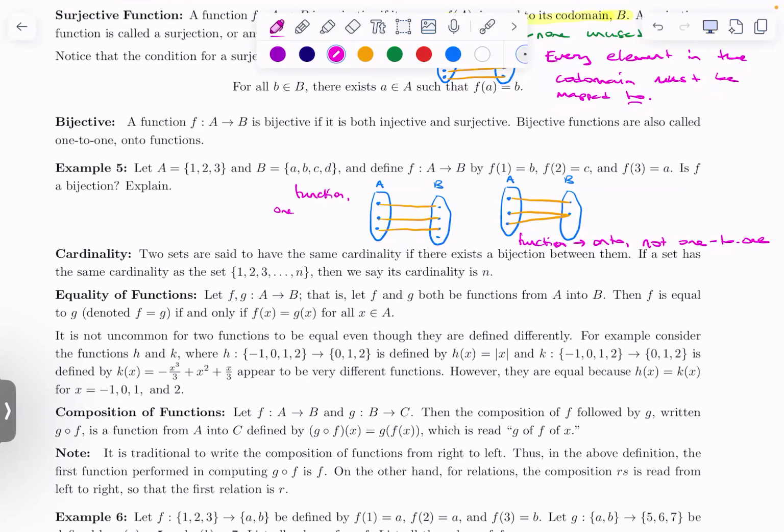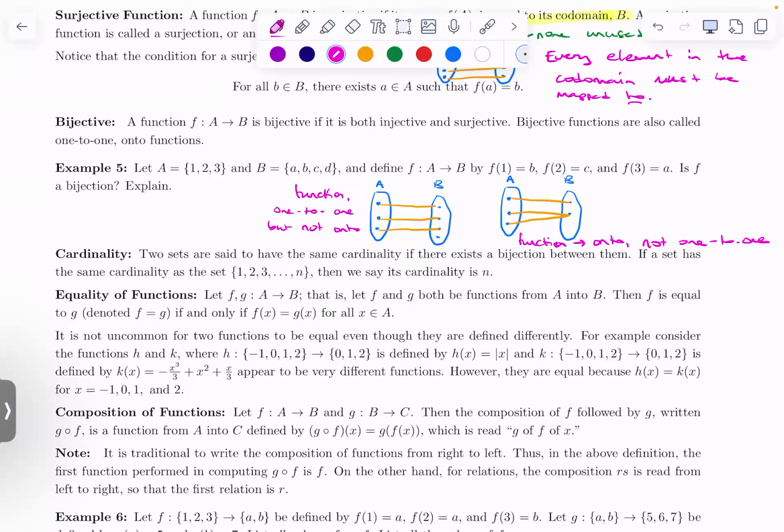It's one-to-one, but not onto. On the final exam, I'm going to use the terminology one-to-one and onto. If you want me to, I can put in brackets surjective and injective. But I think one-to-one and onto are kind of more clear.